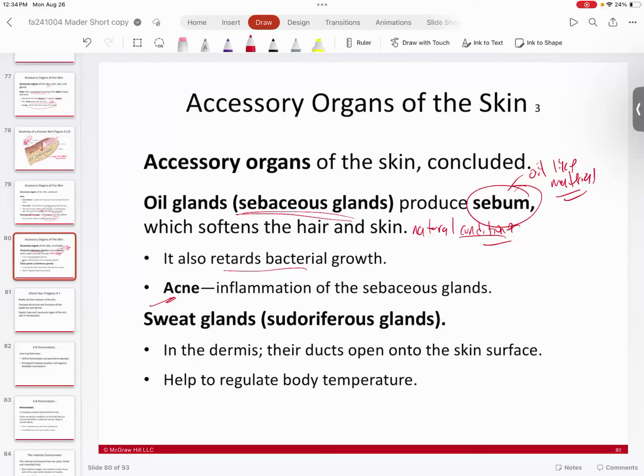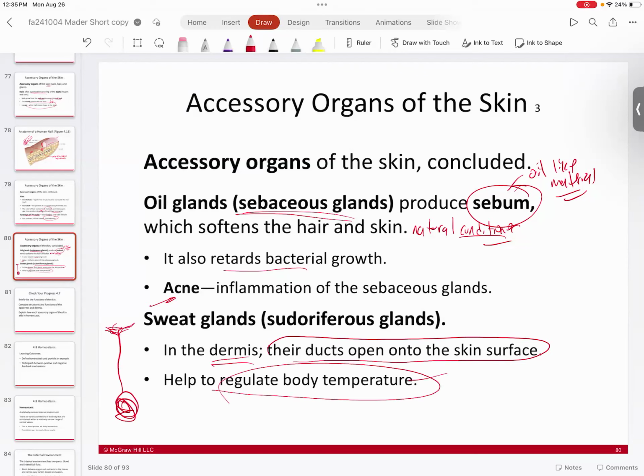We also have in here sweat glands or sudoriferous glands. So these are in the dermis, and their ducts will go up into the surface of the skin and release. So it basically kind of looks like this. And then the duct will go up to the surface of the skin, and then it'll basically release sweat on the surface of the skin. This helps us to regulate our body temperature by basically evaporating and taking the heat away.